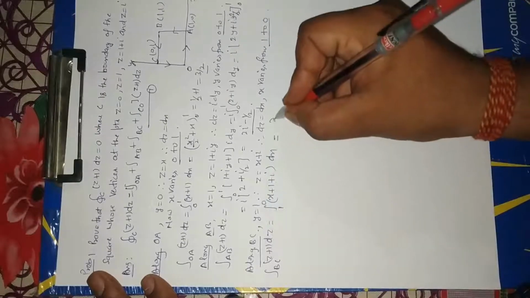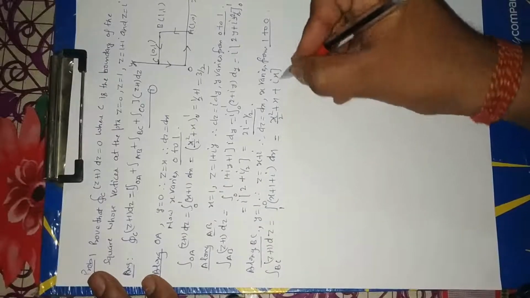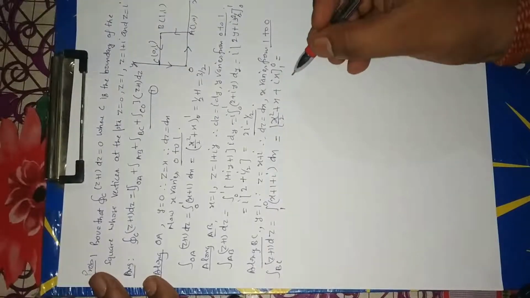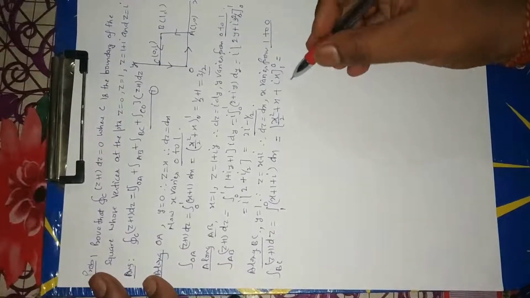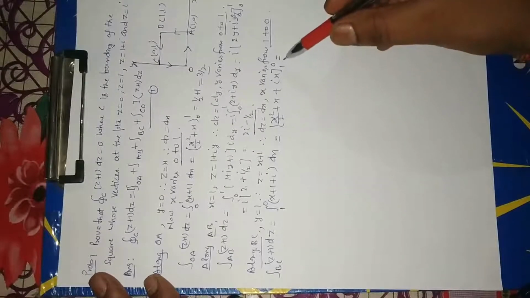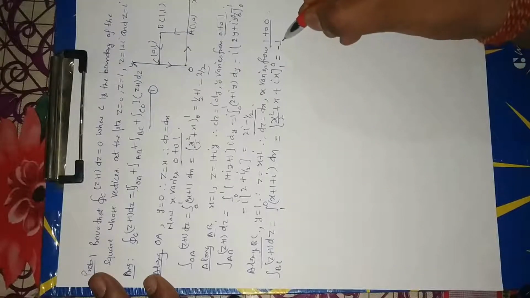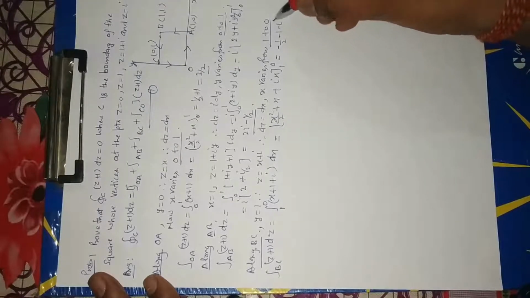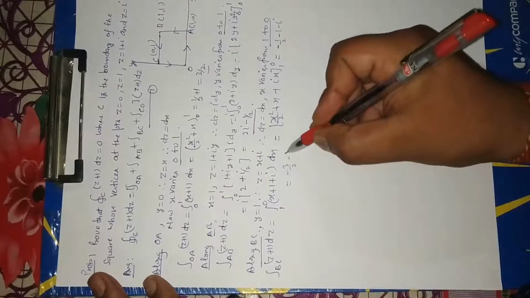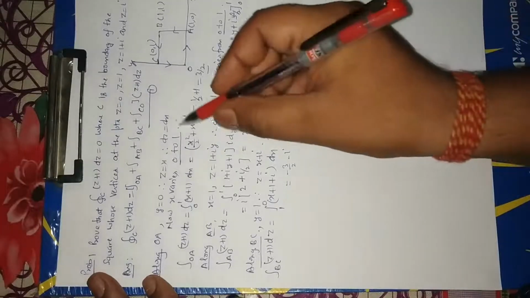Now integrate: x square by 2 plus x plus ix, limit 1 to 0. Therefore at 0 the whole value of the function will be 0. Now for the lower limit always minus: 1 upon 2 minus 1 minus i, this is equal to minus 3 by 2 minus i.